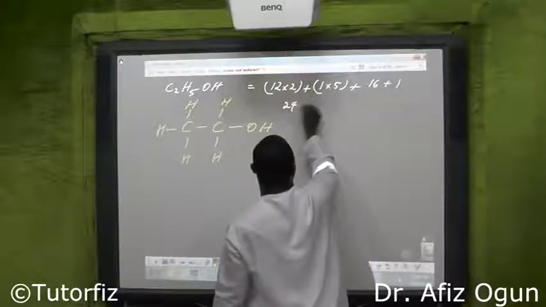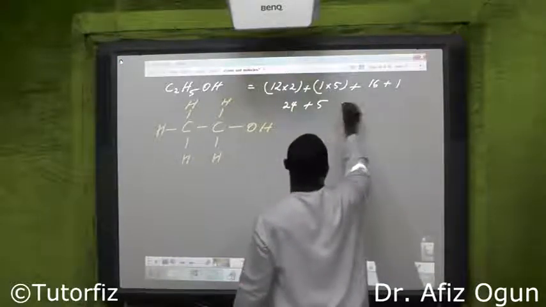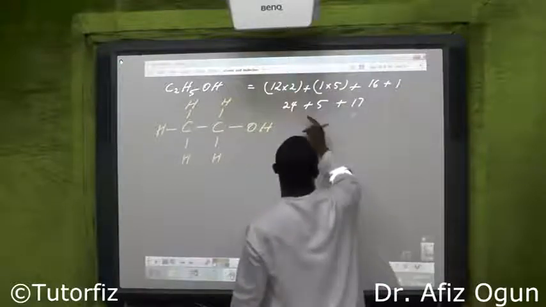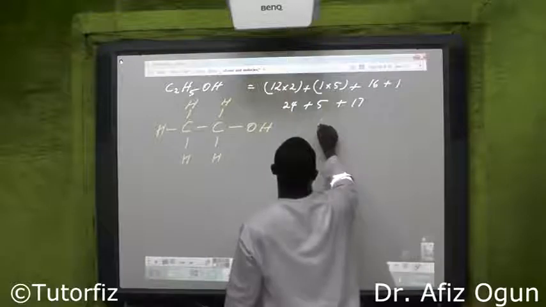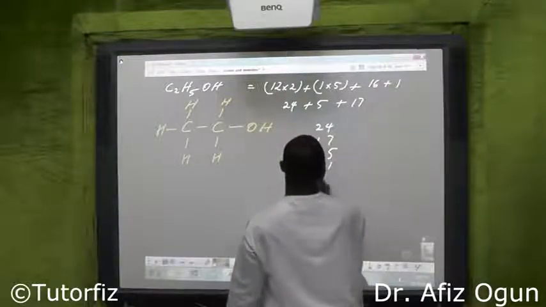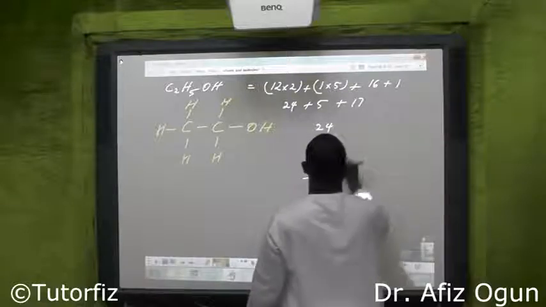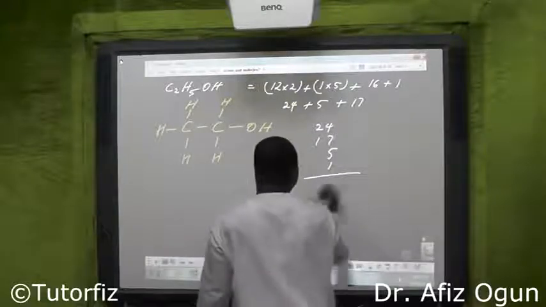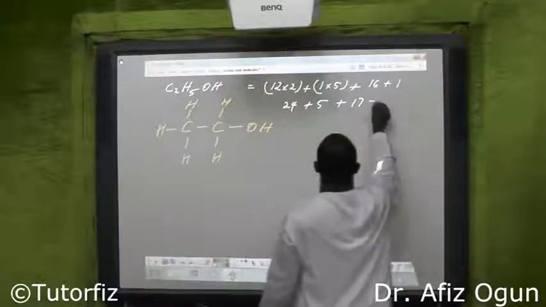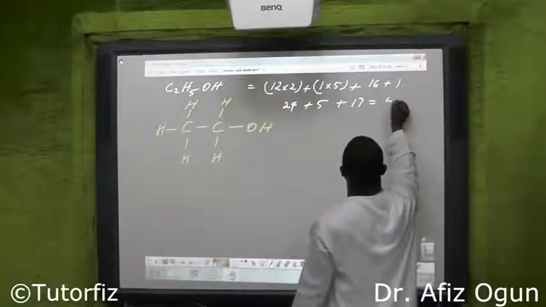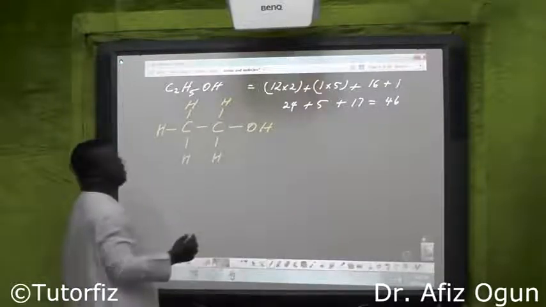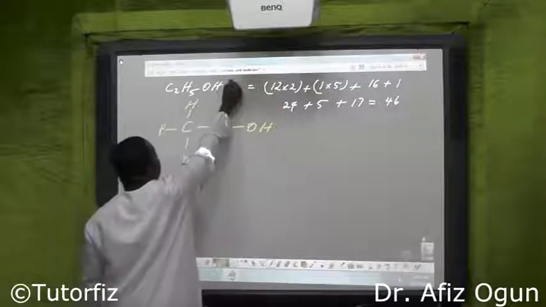This is 24 plus 5, which is 29, plus 17, which gives us 46. When you add everything together, you get 46. So the molecular peak you will get there is 46 plus.